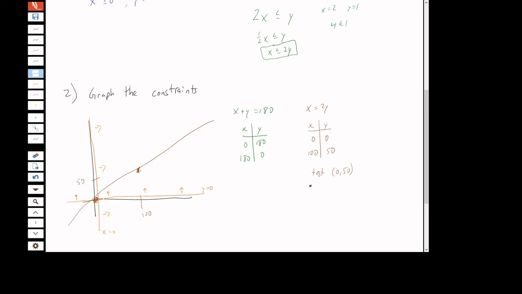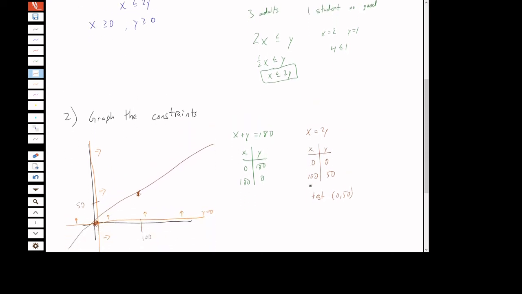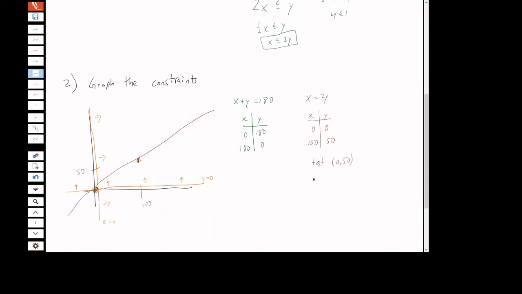Testing this into my inequality, x less than or equal to 2y, I have 0 less than or equal to 2 times 50. That's true. So I want the side that contains the point 0, 50, so the top side of this line.